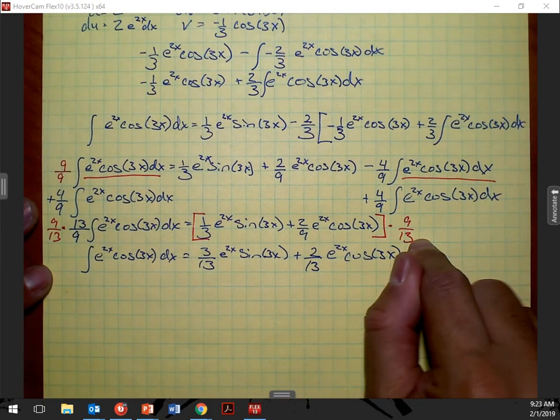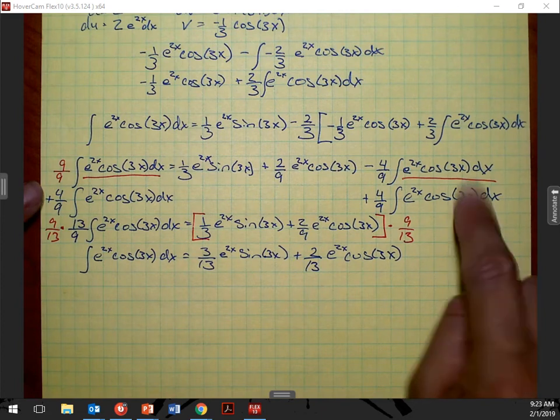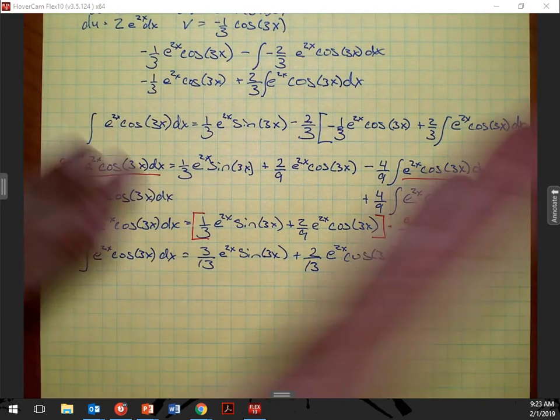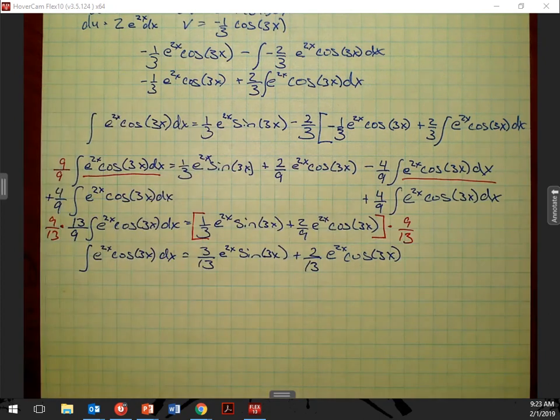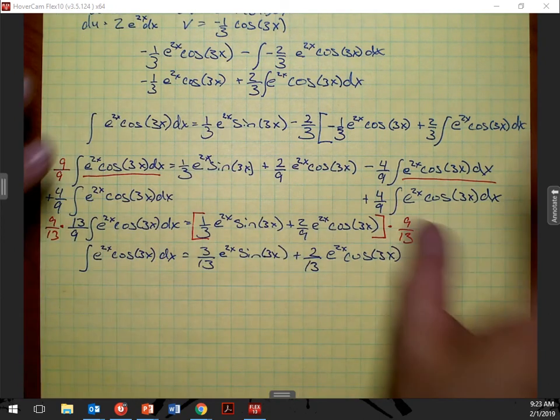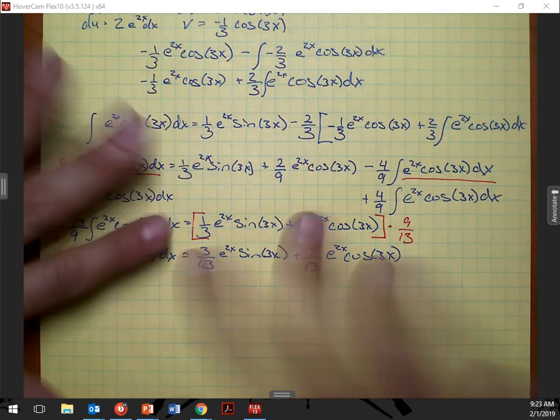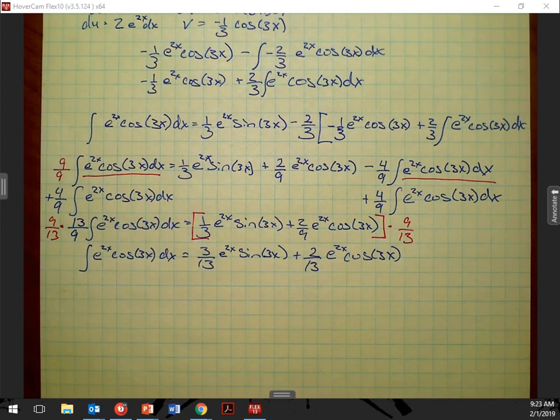That's the big difference. When I get back to the beginning of what my original was, I move it to the other side. I take off that integral, it cancels out from that side, so I'm left with this. There's no more integral over here, so that means this is going to be my answer. Does that make sense?